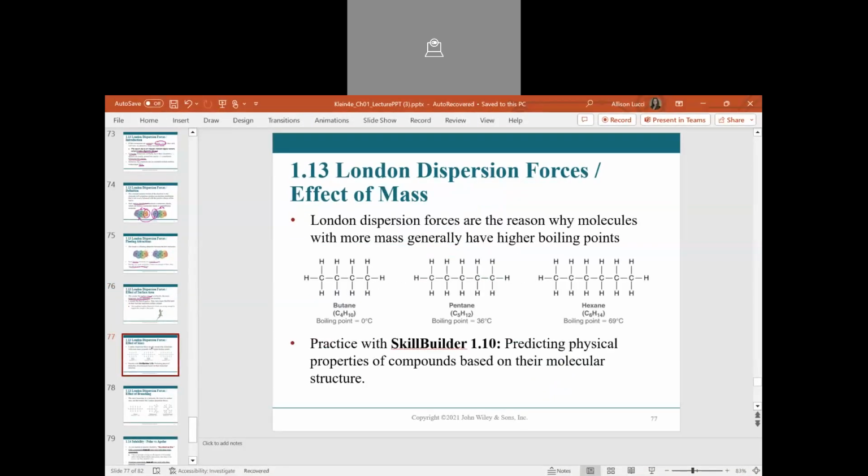And then this here shows us that correlation that I was referring to. So we have a 4-carbon chain. Butane boils at 0 Celsius, pentane, more London dispersion, drastically higher, boiling point 36 degrees higher. And then we have our hexane, so now we have added 1 more carbon versus the 5 here, and we've increased our boiling point that much more.